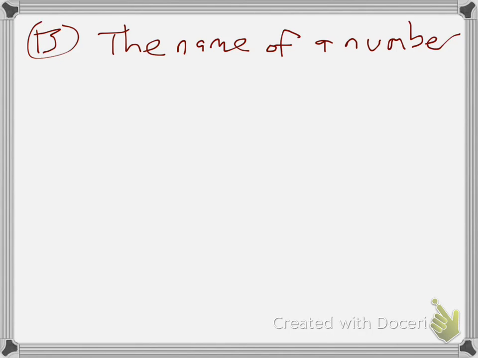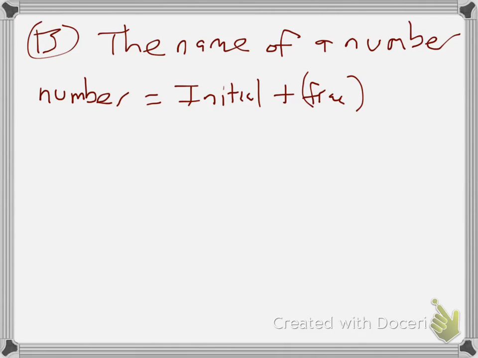Basically, they're saying that a number is equal to the initial plus some fraction times its change in C. Changing coordinates. Delta C, changing coordinates. That is a plus.